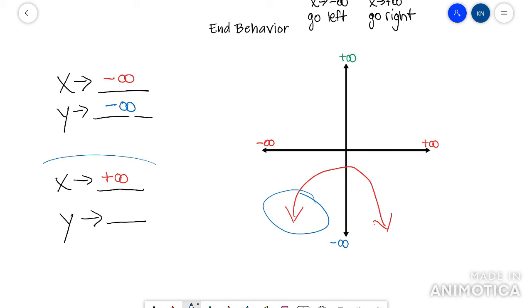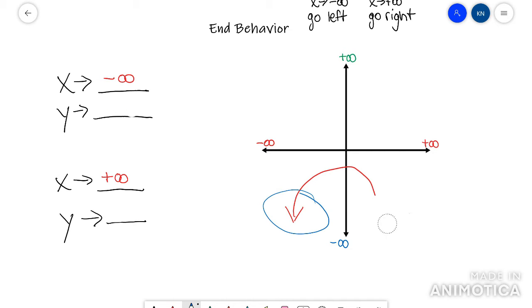And if I go right to positive infinity on my x, what does this line do? It goes down to negative infinity as well. So they don't always have to be different answers. They don't always have to go opposite directions. Sometimes they'll go together. Again, that's another very simple example. Let's look at a couple more.